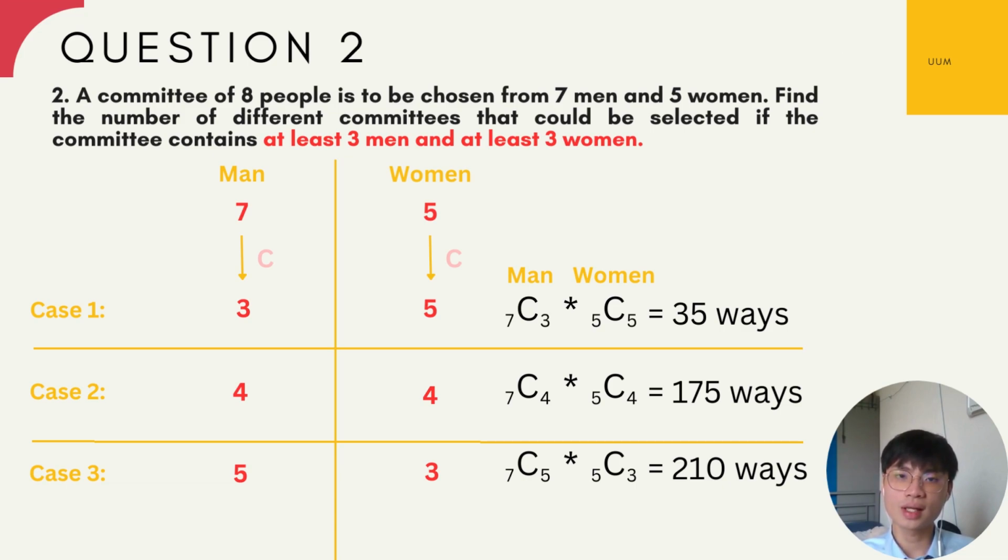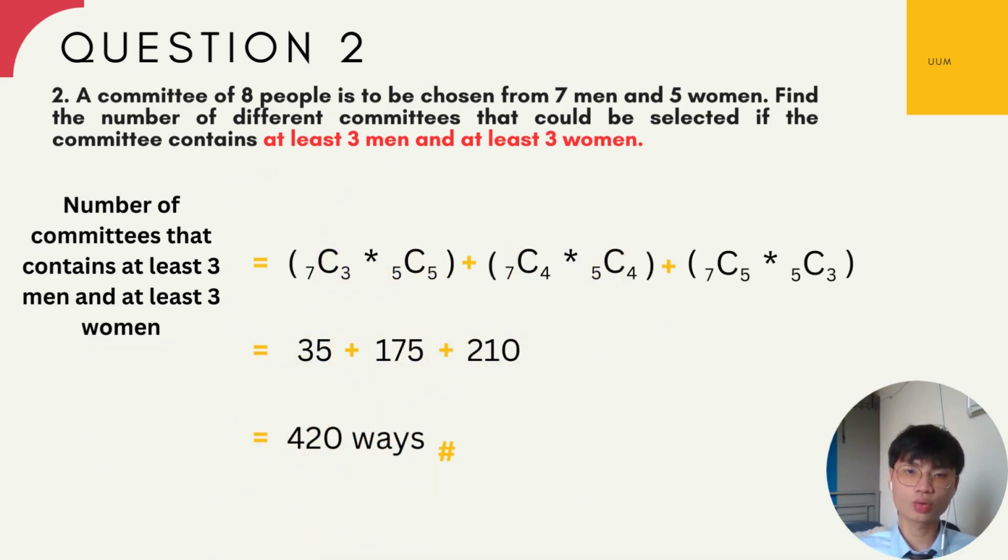For case 3, 7 combination 5 multiply 5 combination 3 equal to 210 ways. In the end, we just need to rewrite the formula. Then we calculate all cases, which is 35 plus 175 plus 210, equal to 420 ways. Then we will get the number of committees that contain at least 3 men and 3 women.